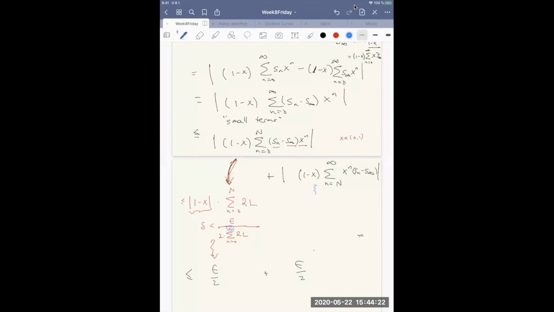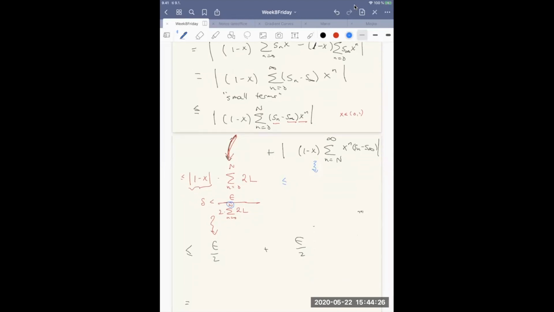Now let's look at the second term. We bound that from above as well, but we will bound that in a different way. So this is bounded from above by the absolute value of 1 minus x. Well, that's positive, so 1 minus x times, we pull the absolute values inside the sum.